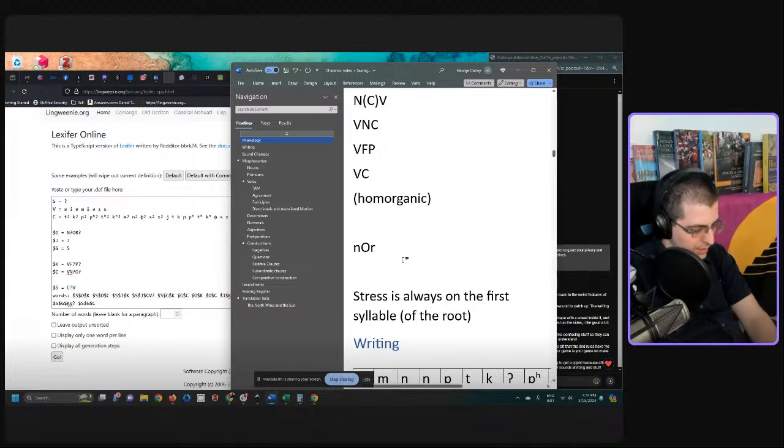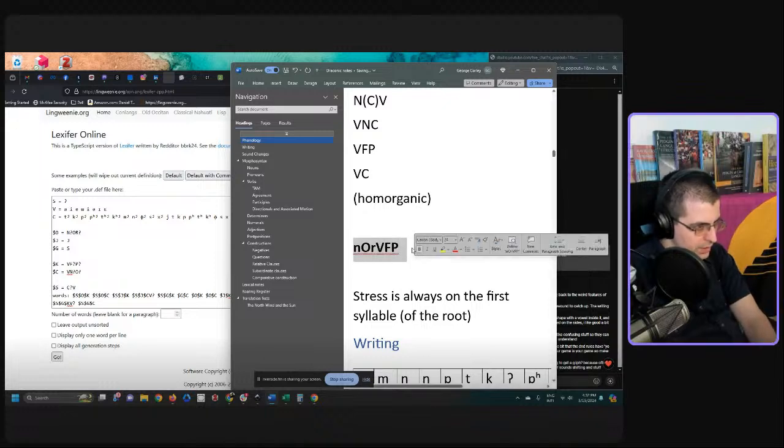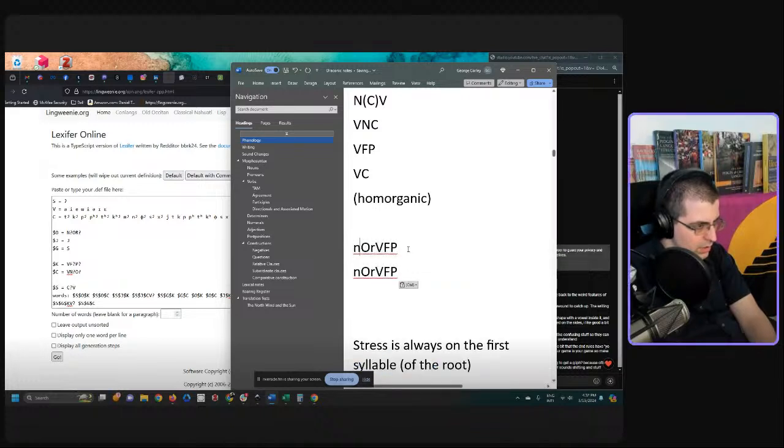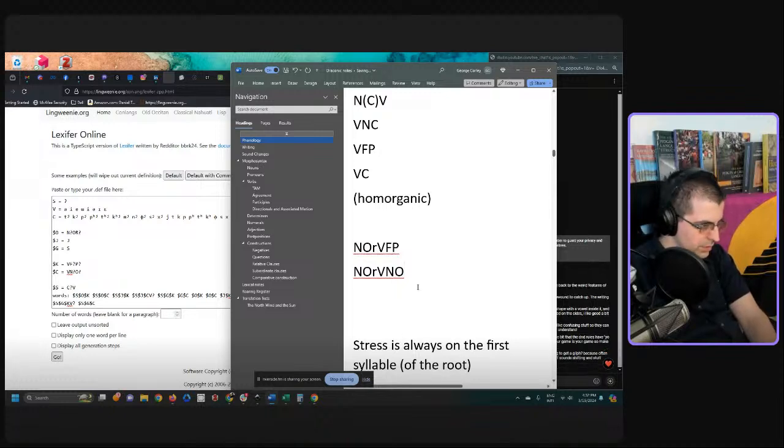And then you can have a vowel, and then you can have two consonants that can be either a fricative and a stop, or you can have a nasal and an obstruent. These are your maximal syllables.